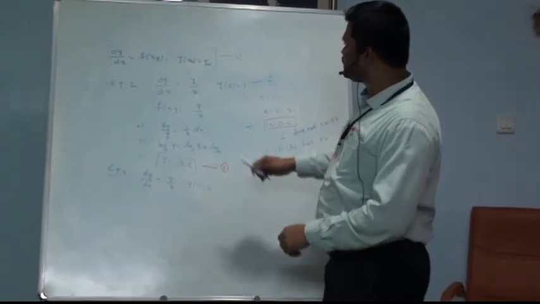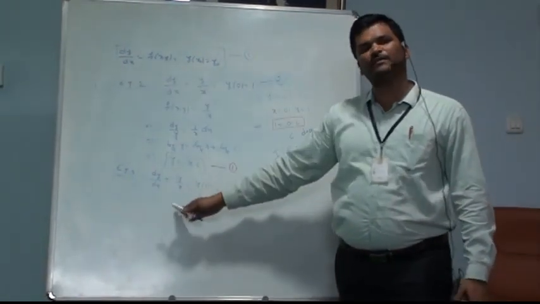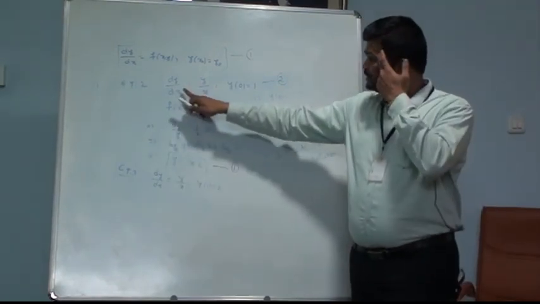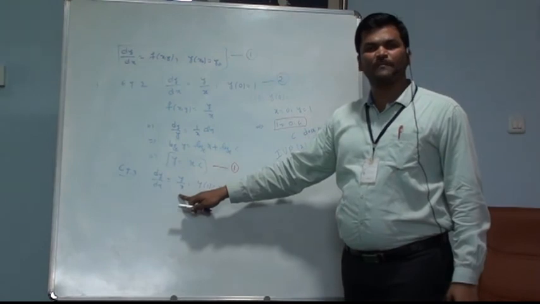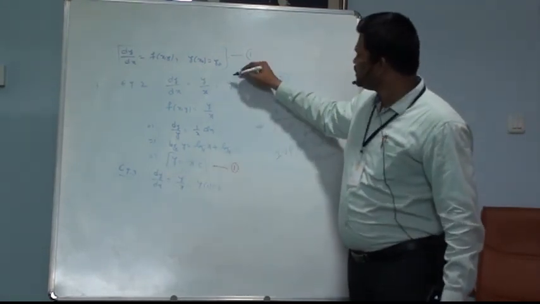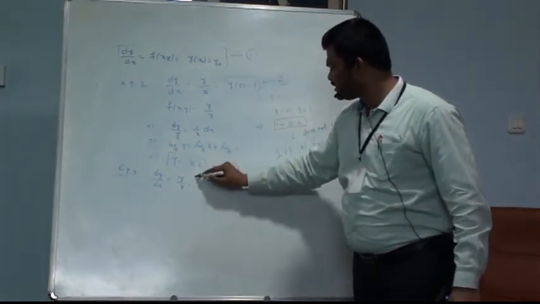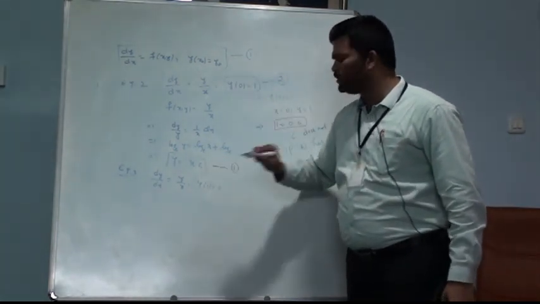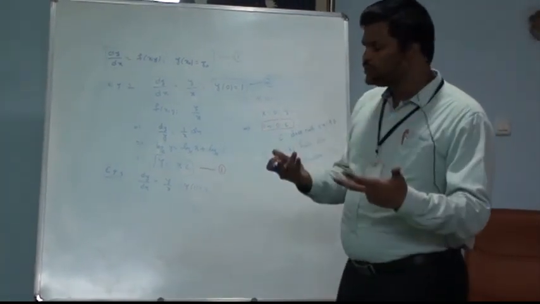Can you please identify the difference between example 2 and example 3? In example 2, dy by dx is equal to y by x, both are same. Now I changed the initial condition. In example 2, y of 0 is equal to 1. Here, y of 1 is equal to 2. What happened to the solution?